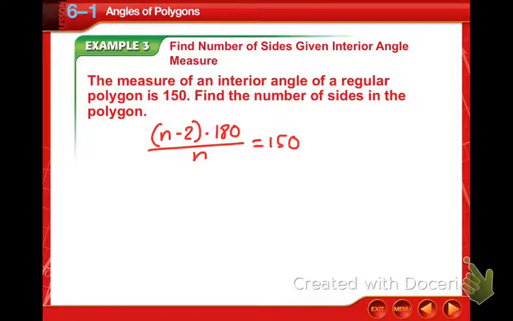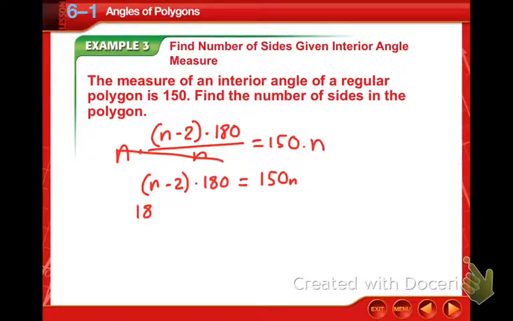So the first thing we're going to do is multiply both sides by n, so we can get rid of the fraction on the left. So we have n minus 2 times 180 equal to 150n. So now we have this n minus 2 times 180. We can distribute the 180 inside the parentheses.